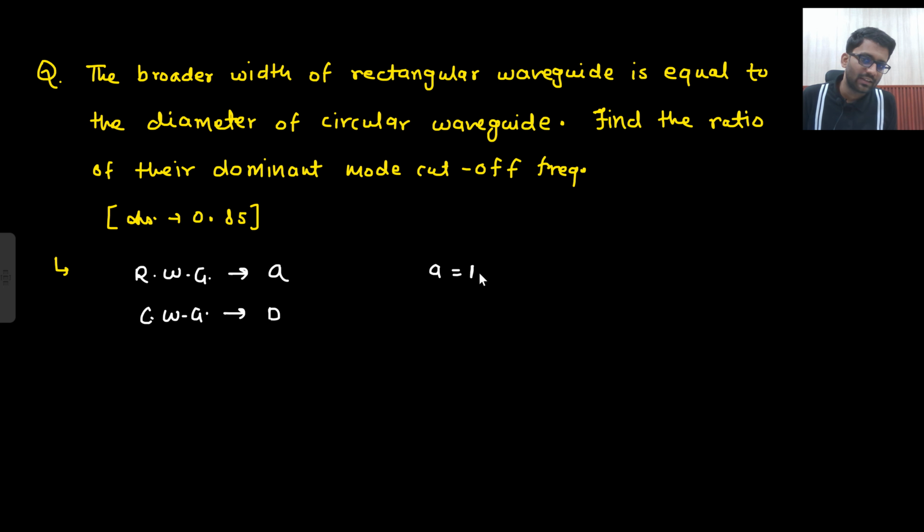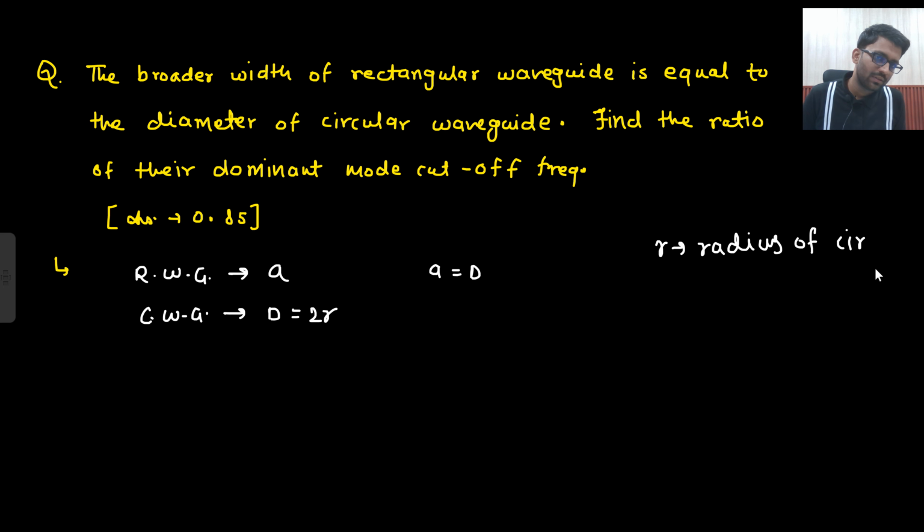So A is equal to D. Usually in a circular waveguide, our radius is A. But here if I am calling this A, then I cannot call the radius A as well. So I am calling the radius R, the radius of the circular waveguide.